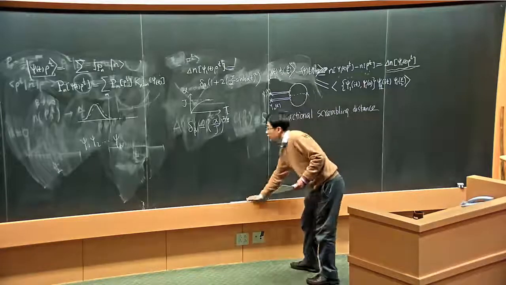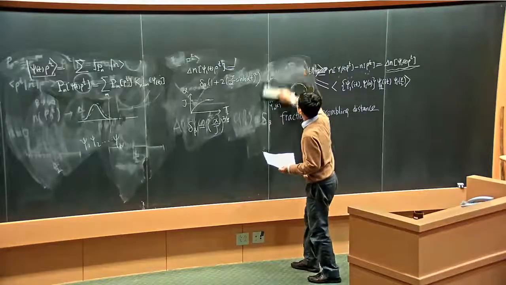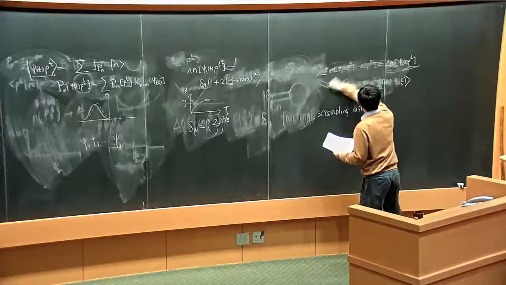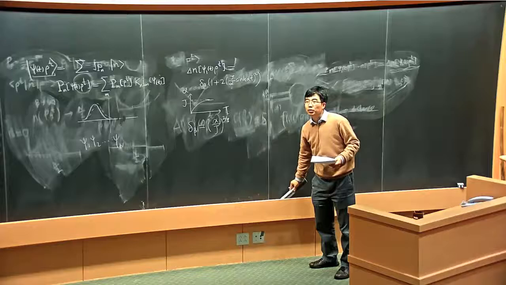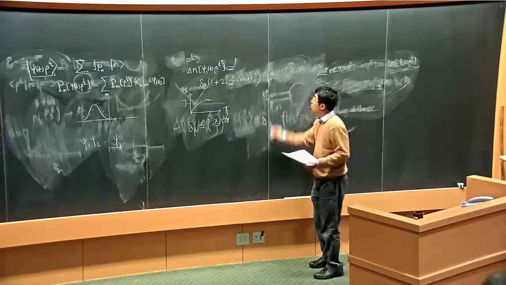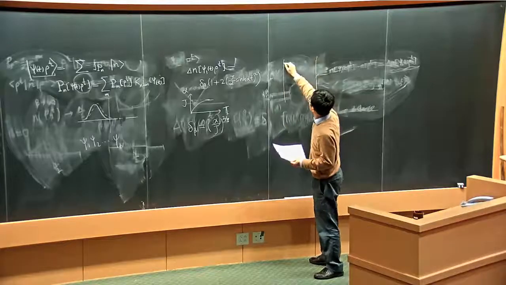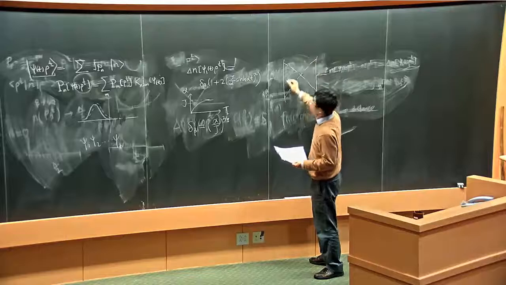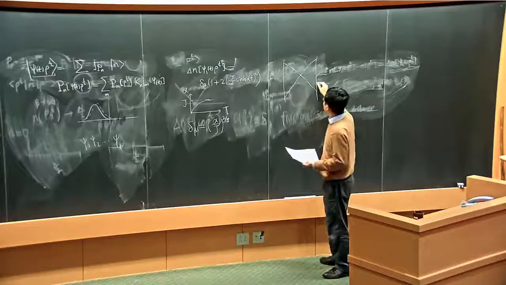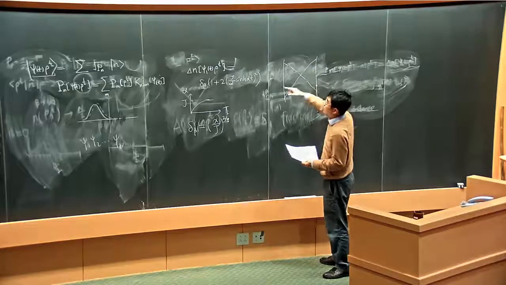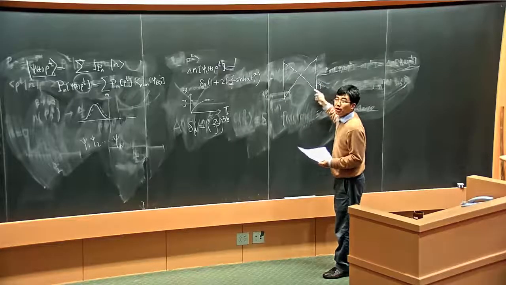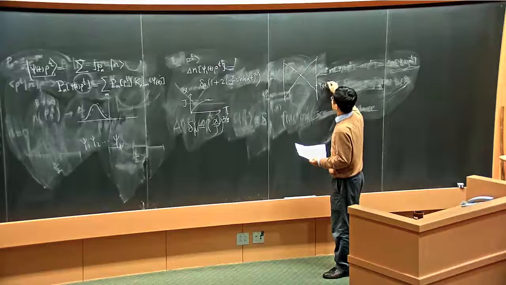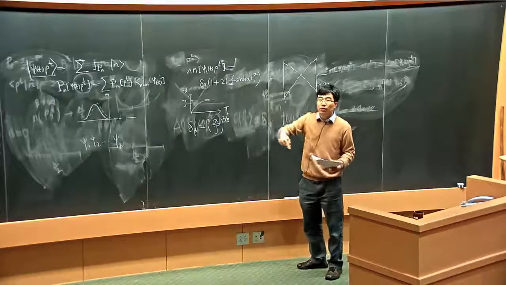That's related to what Lenny talked about last week. Basically, if you think about this bulk picture and you put in some particle, it's like shooting in a particle from some earlier time. And by the way, shooting a particle here corresponds to this, rather than putting it in the middle of the thermal circle.